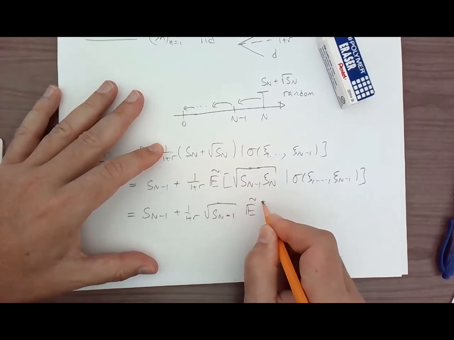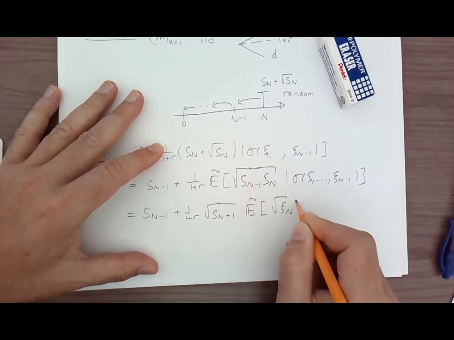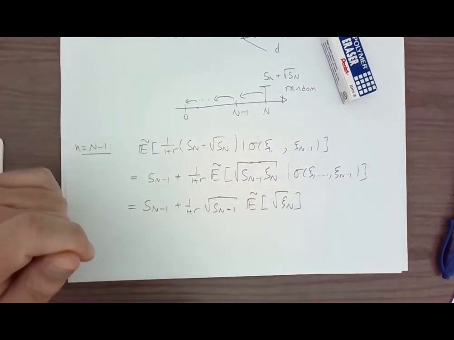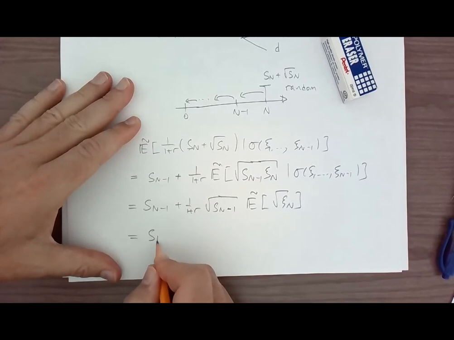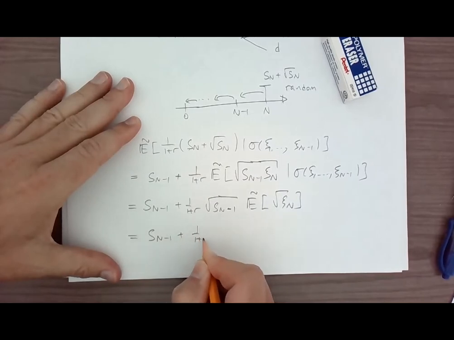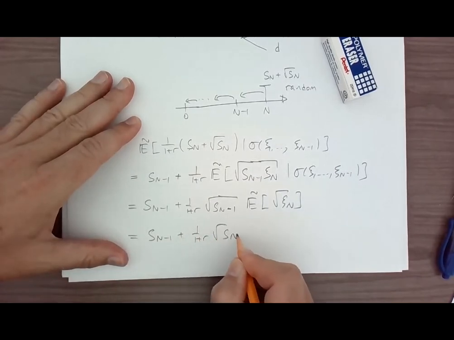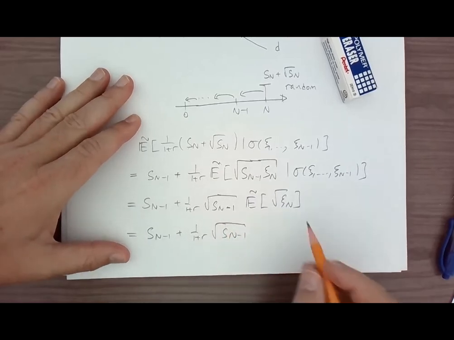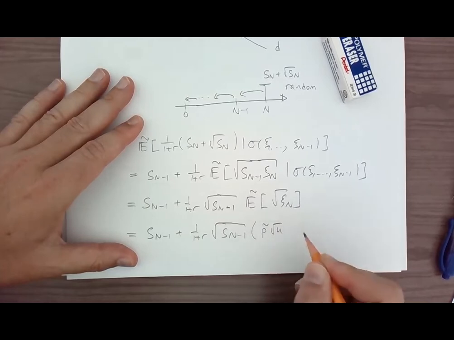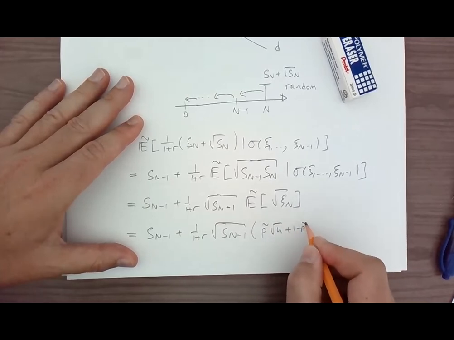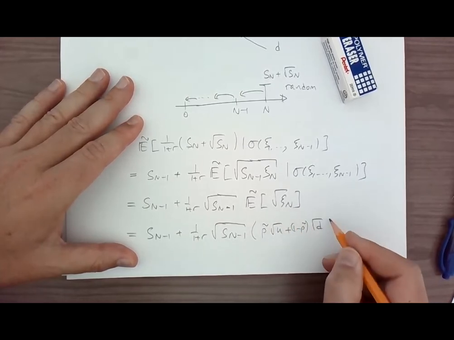So we can simply compute its expectation. And given that, this expectation here will be p tilde square root of u plus 1 minus p tilde square root of d.